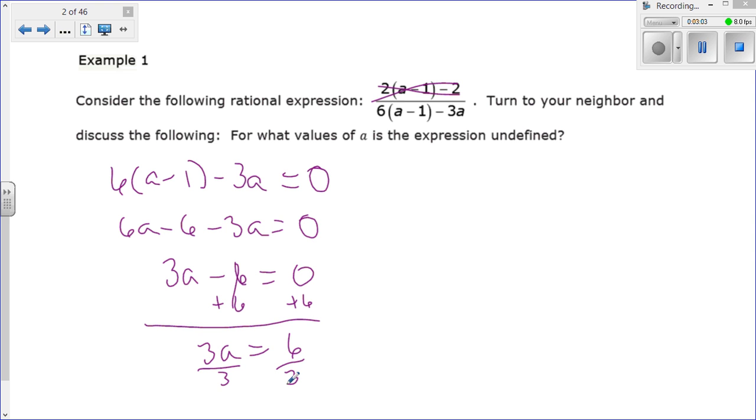Divide both sides by 3. So a equals 2. So what that means is when a is equal to 2, then my fraction is undefined because I will have a 0 in my denominator. So whenever they ask you when a fraction is undefined, meaningless, or has no value, it's when the denominator is equal to 0.